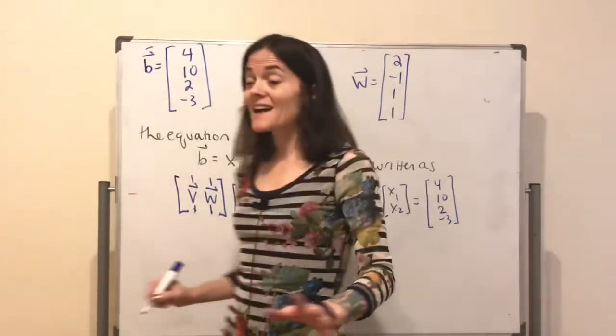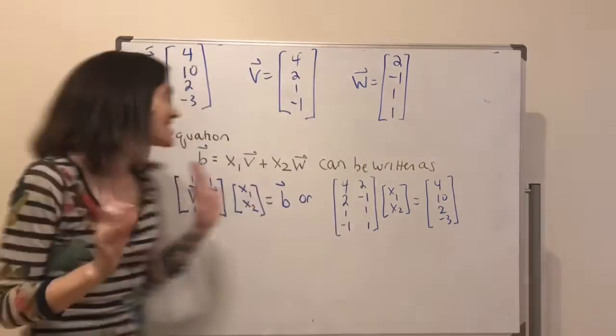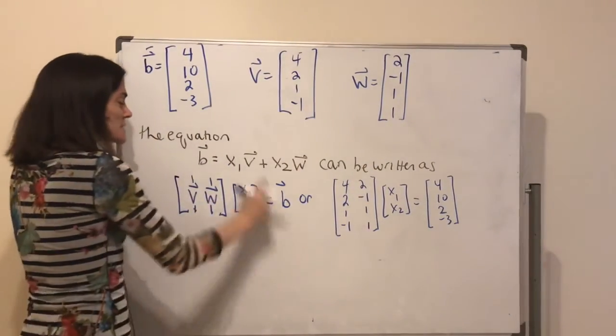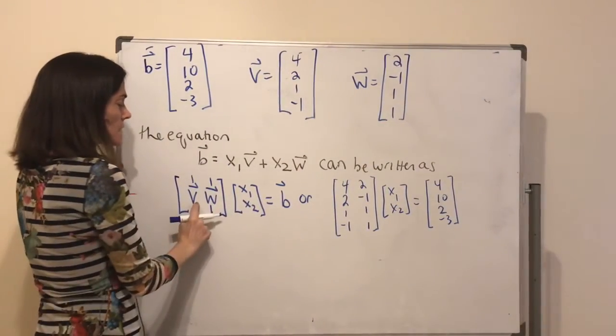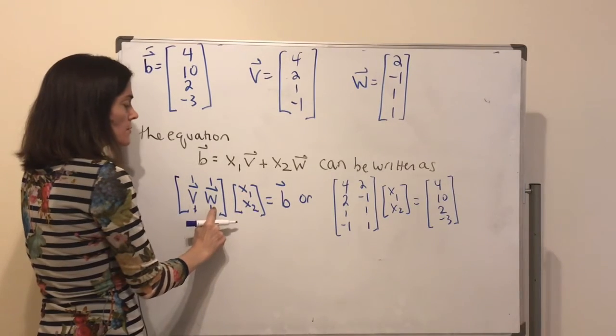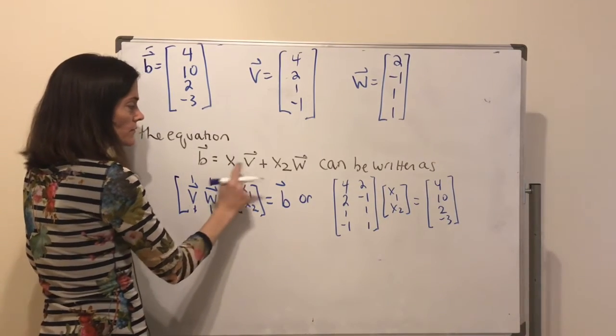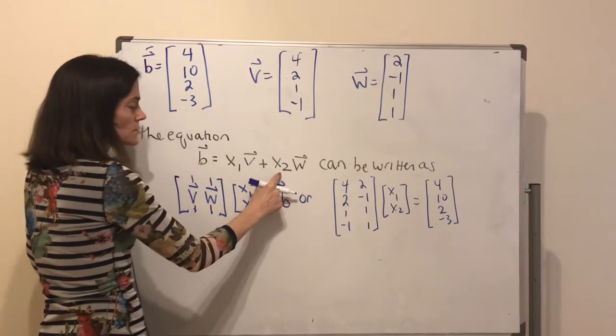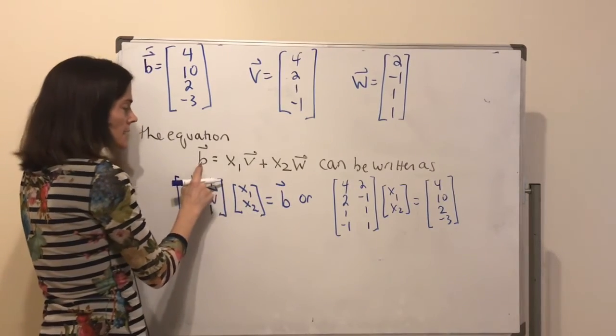Right? Because this was this column picture here, right? This matrix product is V x1 plus W x2, and then equals B, okay?